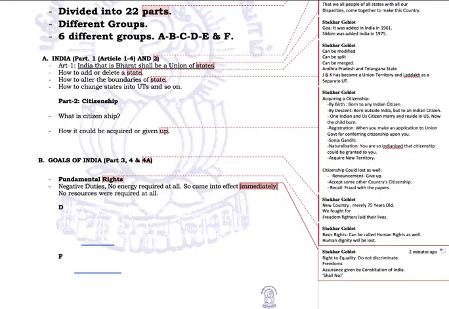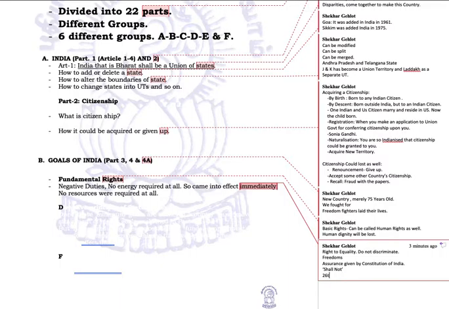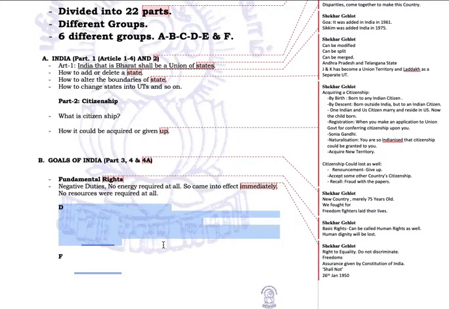That is why they are called negative duties, duties where the government does not have to do anything, and which don't require any resources at all. That is why they came into effect immediately, when the Constitution of India was implemented on 26th January 1950. These fundamental rights came into effect immediately with the onset of the Constitution of India.